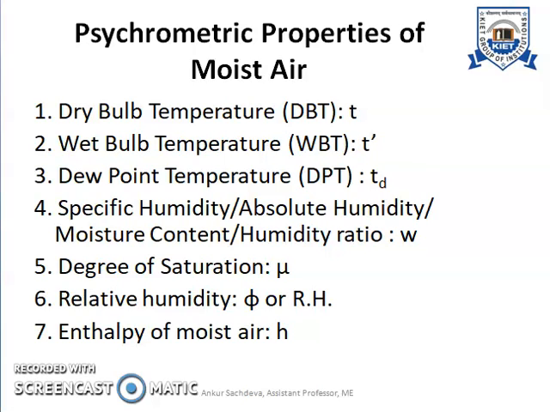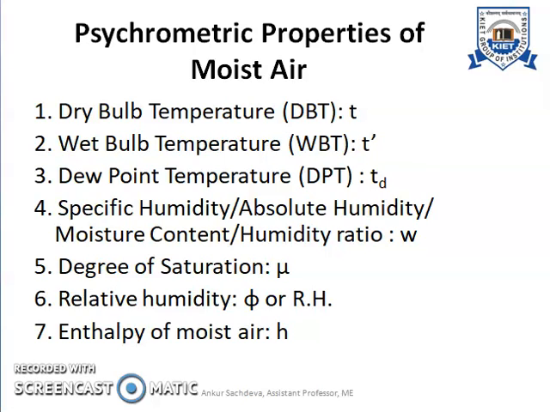The fourth one is specific humidity, also called absolute humidity, moisture content or humidity ratio, and it is specified by the symbol small w. The next property is degree of saturation, represented by the symbol mu.